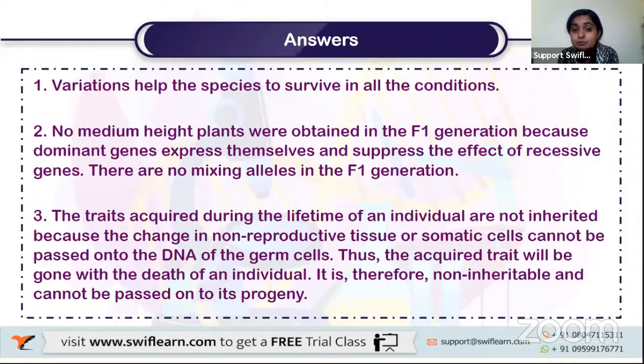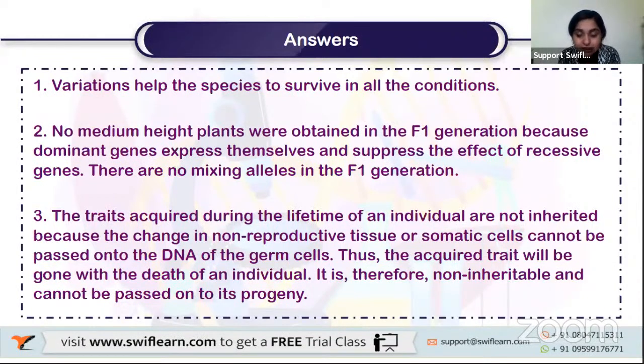And the dominant trait was what? The taller one, right? Therefore, there were no mixing alleles in the F1 generation. The F1 generation just picked up the traits from the more dominant one, and the more dominant one was the tall. So hence the plants were tall, and there were no medium height plants grown at that time.